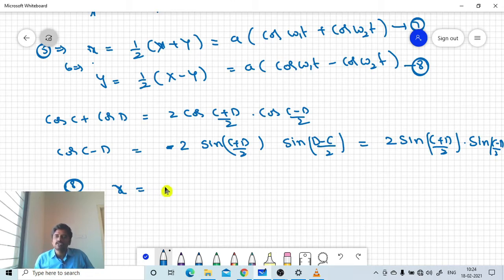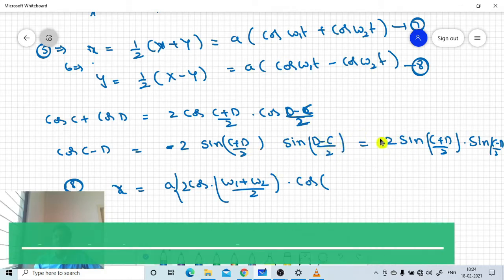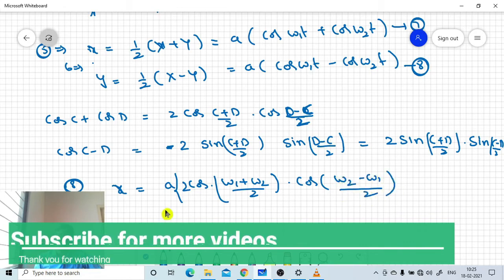Small x is equal to small a into 2 cos of omega 1 plus omega 2 divided by 2 into cos of D minus C by 2. So cos of omega 2 minus omega 1 divided by 2; this is the formula we are getting.